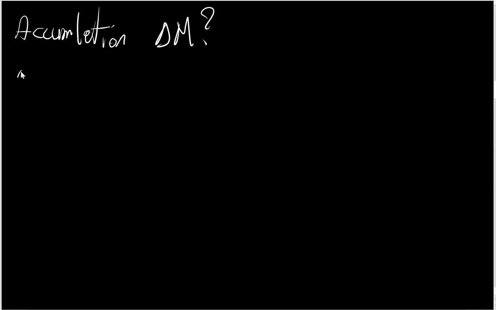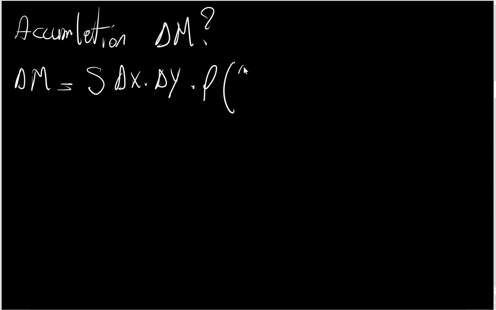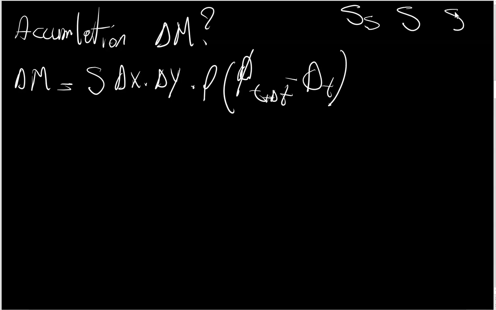Now we say that delta m is the parameter capital S, times delta x delta y, times rho, times the head change. We already talked about this and solved a few examples, and I think you know exactly what I'm talking about. If it is not clear, you need to come back and look at your notes and review the specific storage coefficients and SY.